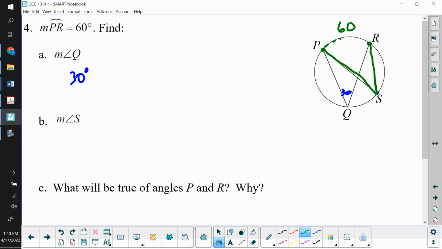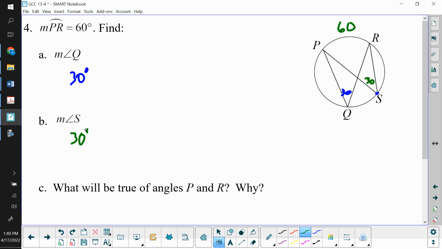So it's going to be half of this arc. So it is half of the 60 as well. So its measure will just be 30. The reason those are the same is both those inscribed angles are opening up to the same arc, so they're half of the same thing, which is why they are equal.